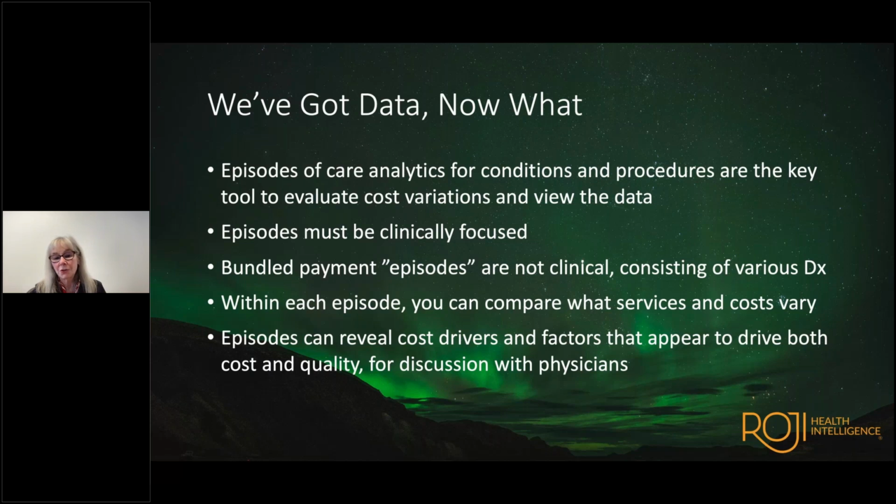Within each episode, you can compare what services and costs vary. Episodes can reveal the cost drivers. You can easily see them in the data once you look at individual patient stories. It can be something like a poor patient choice for a procedure that can drive the cost up.